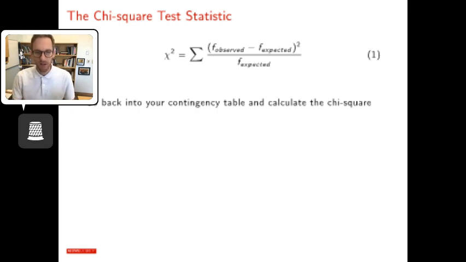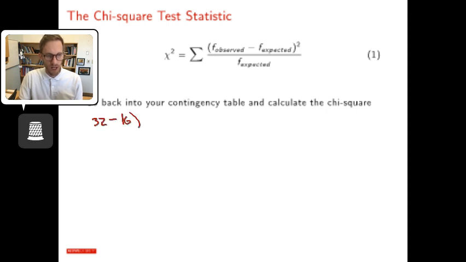All right, so to give you the example here, go ahead and go back to the slide if you need to and copy down that contingency table we created. But I'm going to use that information, and I'm going to start in the top left cell, so Republicans that are for charters. So I observed 32. I expected there to be 16, and so that's the formula I follow.